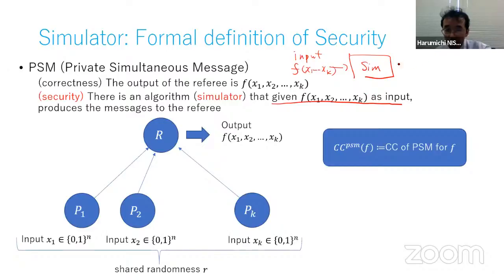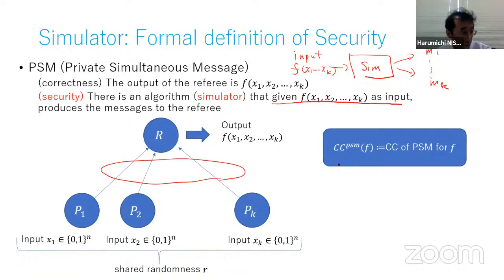From this it outputs all messages, M1 to MK. This means the message does not have any information other than the output value itself. So by using this definition, we can define the security.